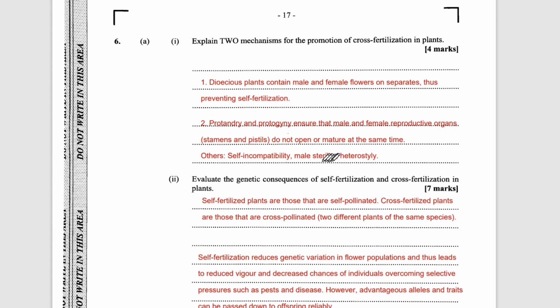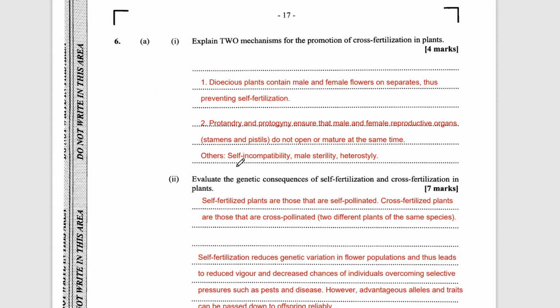I have three others here. You could use self-incompatibility, which is where the plant would produce pollen that would not be viable with the pistil. So the pollen would not produce a pollen tube if it was to land on the stigma of the same flower. It would have to look for a flower with totally different alleles.